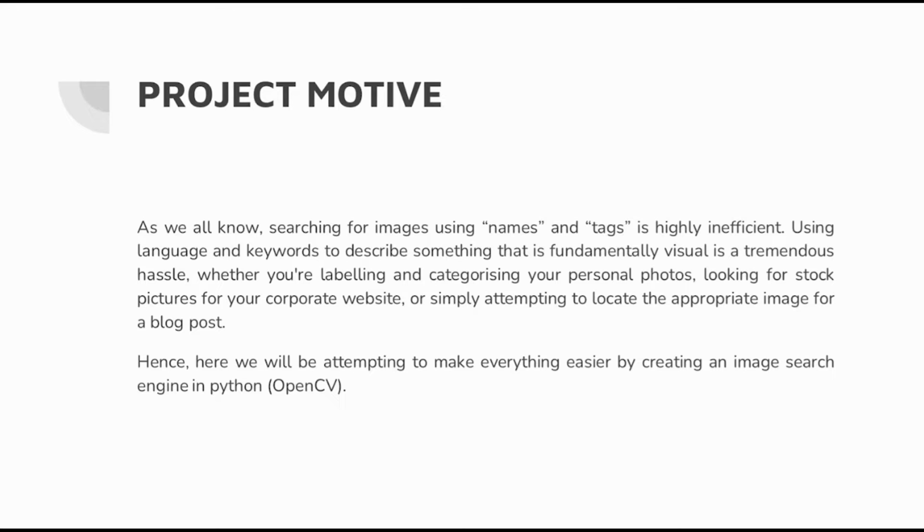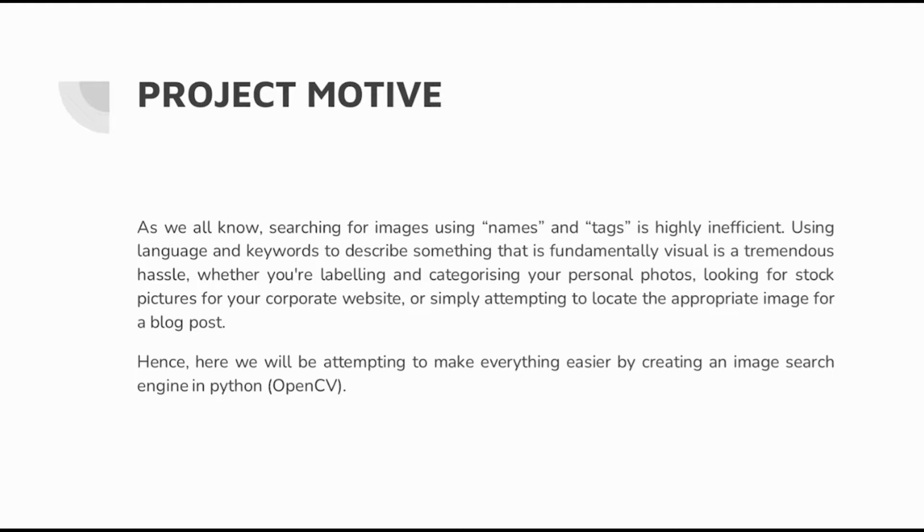The motive for our project is that, as we all know, searching for images using names and tags is highly inefficient. So in order to make it somewhat efficient, the user can give only the query image, instead of using language and keywords to describe something that is fundamentally visual, which is a tremendous hassle.